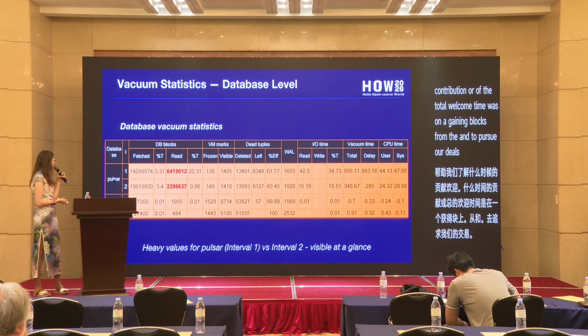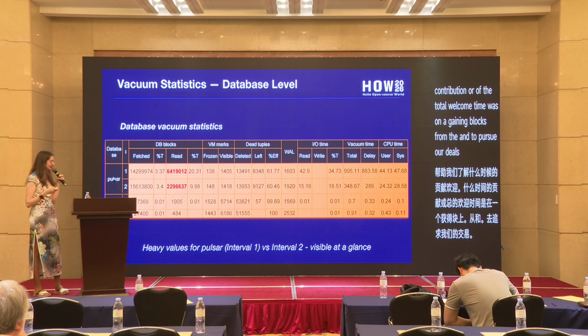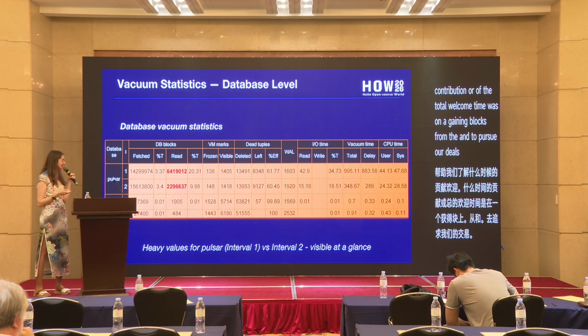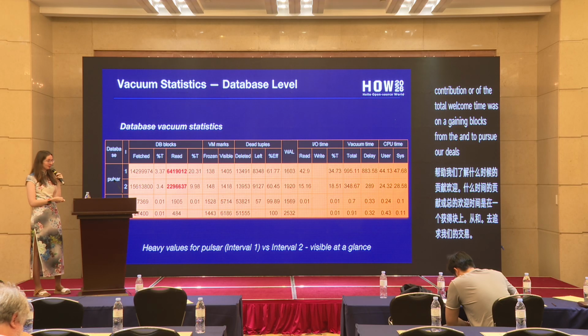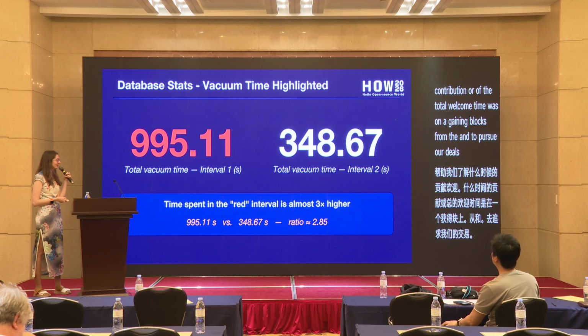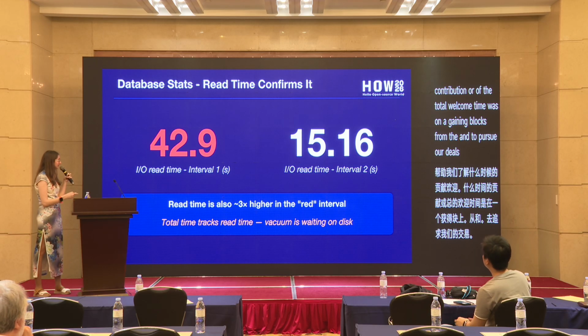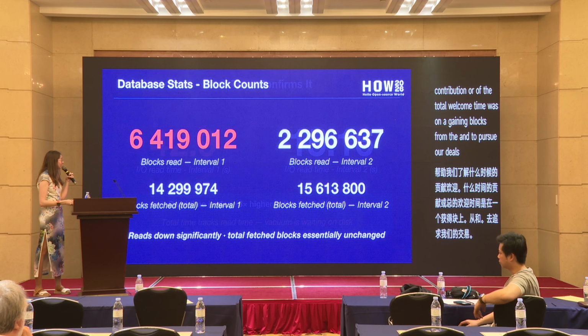And you can notice that from 6 million, the number of read blocks cut down to 2 million for this table, and total vacuum time decreased by a third, and I/O read time decreased too.